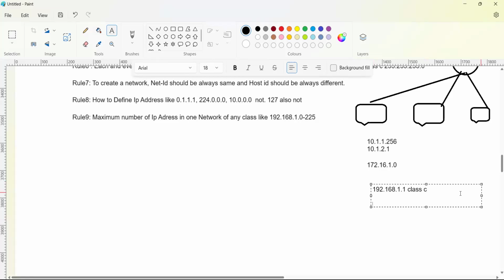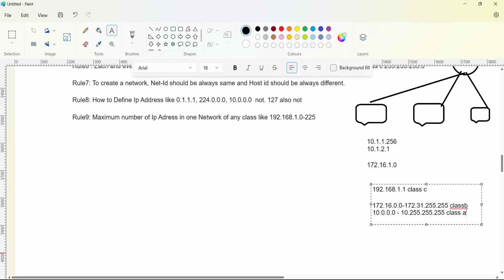And 172.16.0.0 to 172.31.255.255, this range is class B. And 10.0.0.0 to 10.255.255.255, this range is class A.